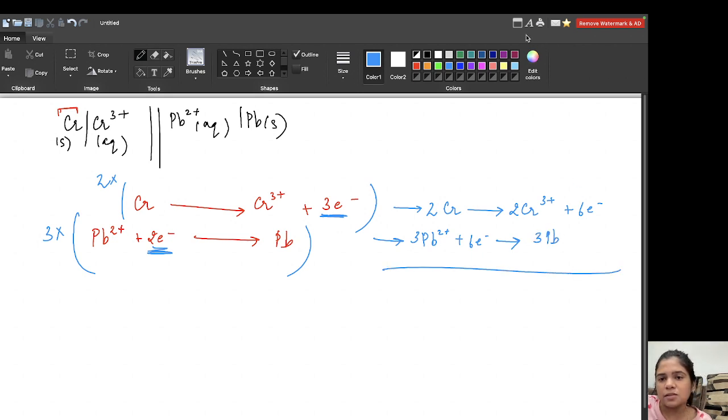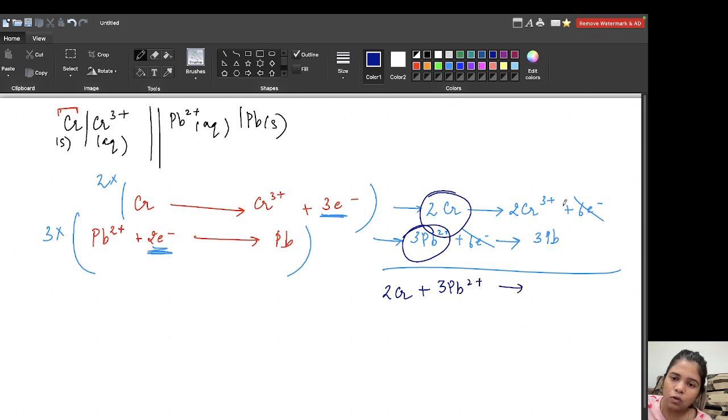Just combine these reactions, then the 6 electrons will get cancelled. What is remaining? 2Cr on the left hand side, plus 3Pb2+ on the left hand side giving you 2Cr3+ on the right hand side plus 3Pb. So this is our overall cell reaction which needs to happen.